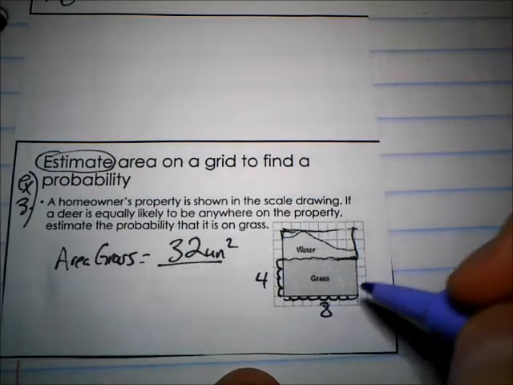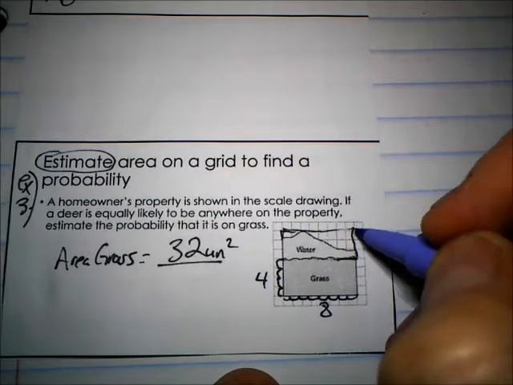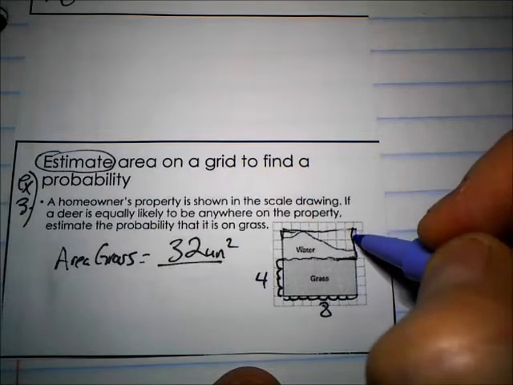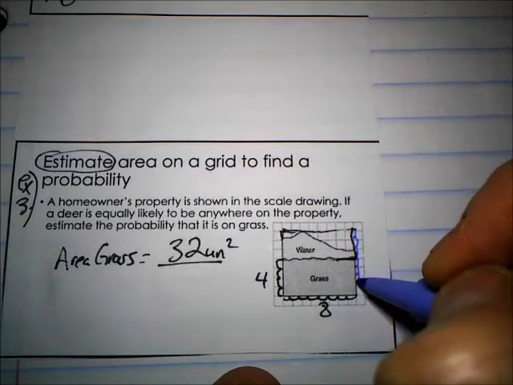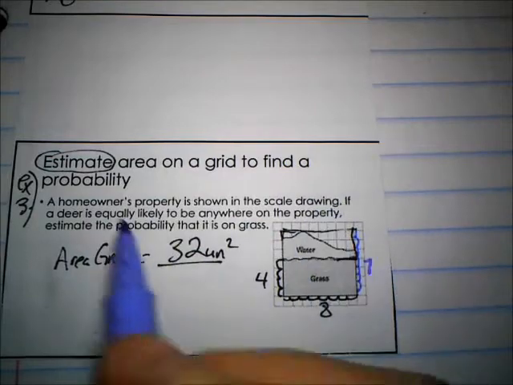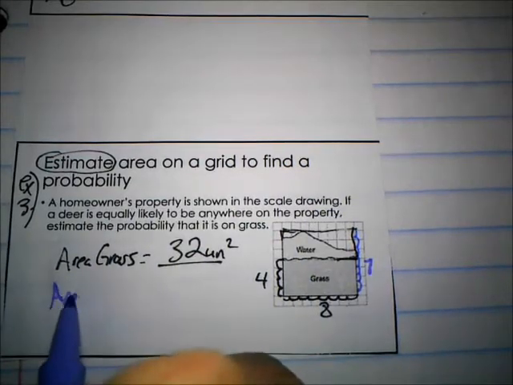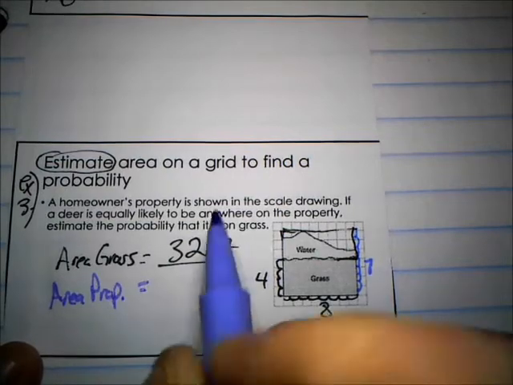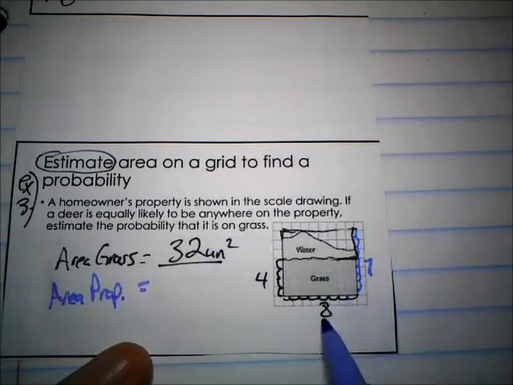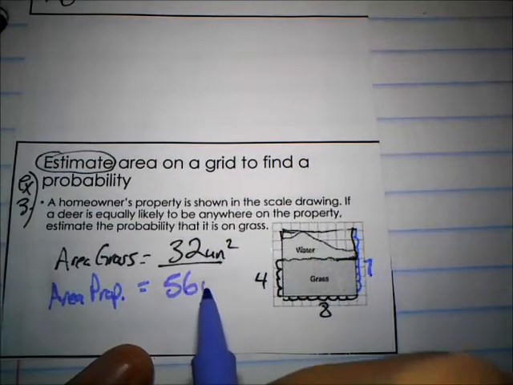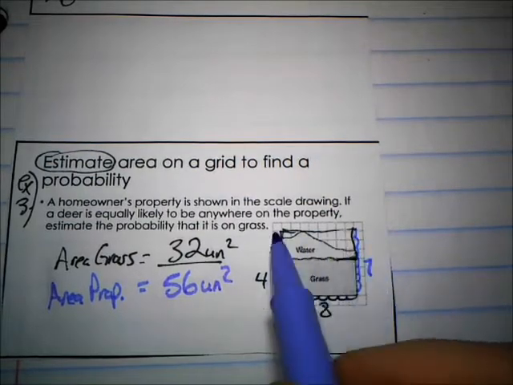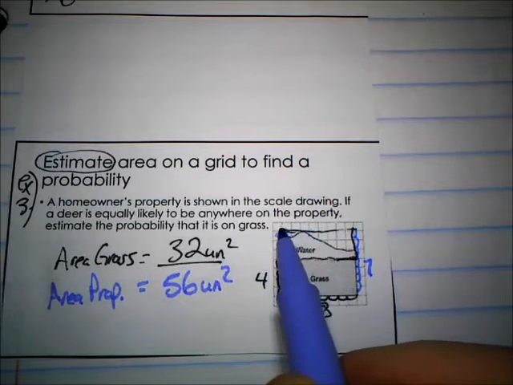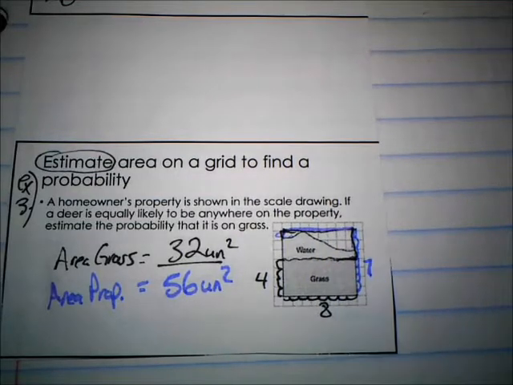This is still 8 wide, but to go all the way from the edge of the water, where we estimated it being a little bit higher, that is 1, 2, 3, 4, 5, 6, 7. So I'm going to say the area of the entire property is a 7 by 8, which is roughly 56 units squared. Now I know it's a little bit shorter because of this, but we can assume that there's land right there to make this a square property.